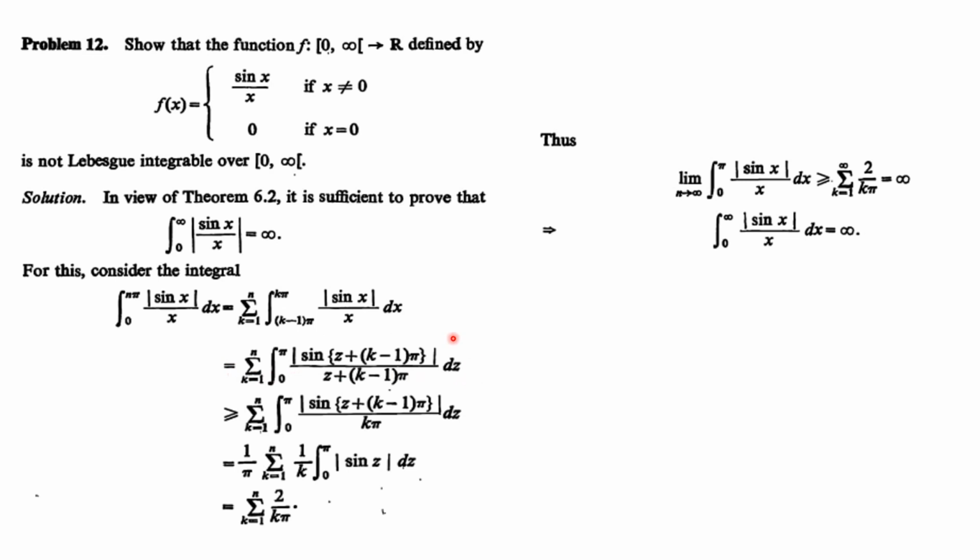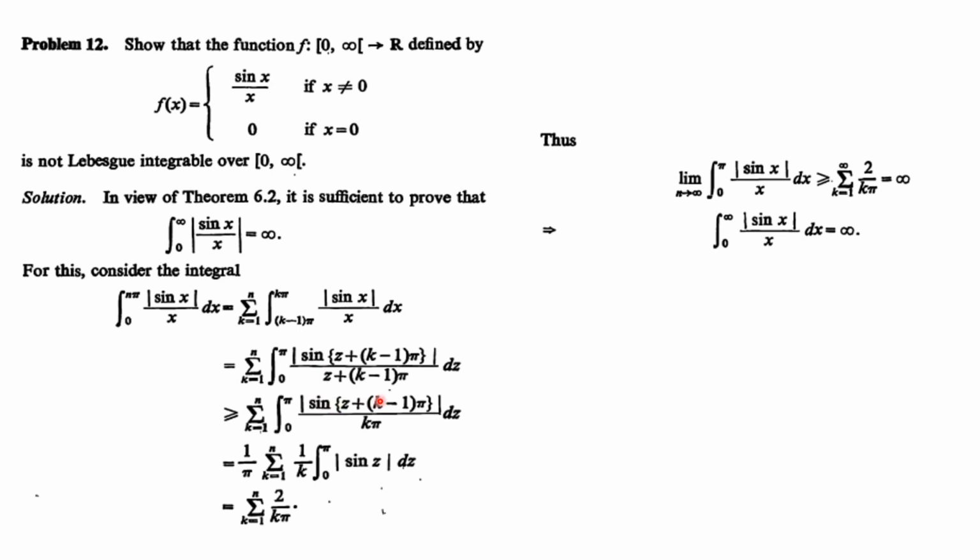Clearly this integral will be greater than or equal to this integral. Just see how: since the denominator is z plus k pi minus pi, which is less than or equal to k pi, 1 over this number is greater than or equal to 1 over k pi.